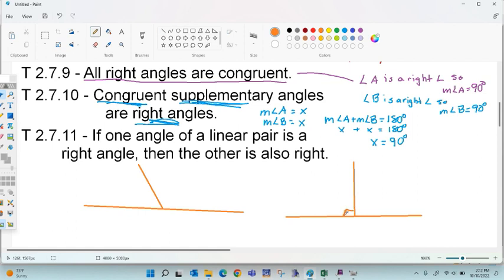So one angle of my linear pair is a right angle, so that makes it 90 degrees. Since it's a linear pair together, they have to make 180. That one's also 90 degrees. So if one angle is a right angle, the other is also right, and that is how that one works.